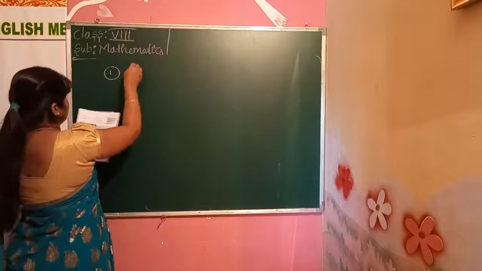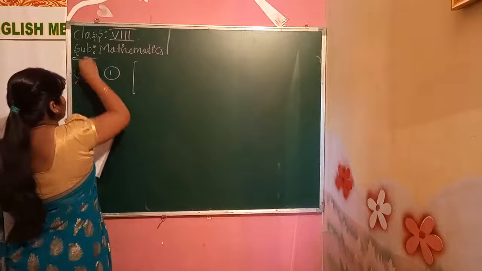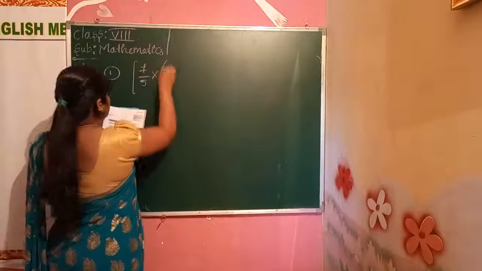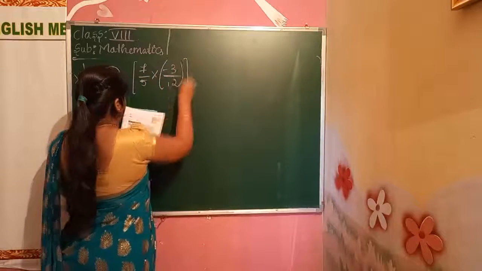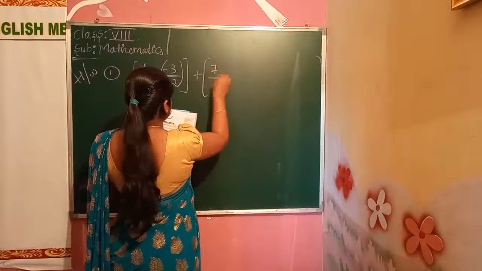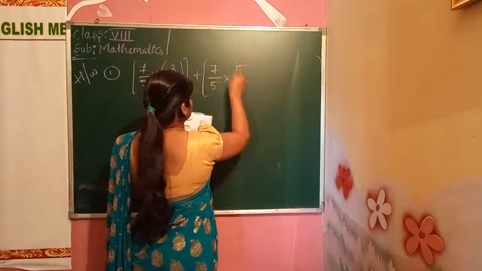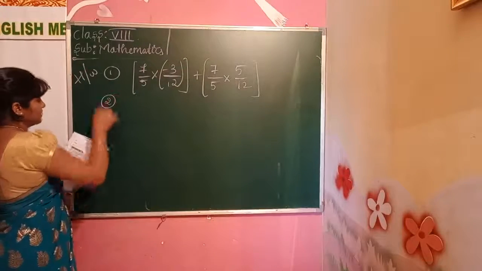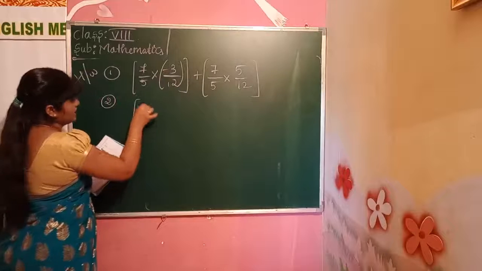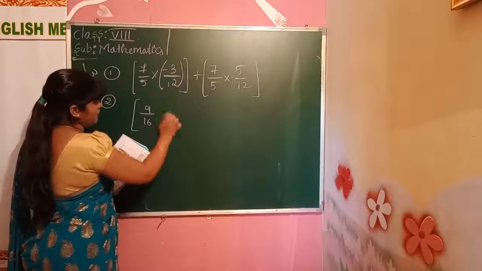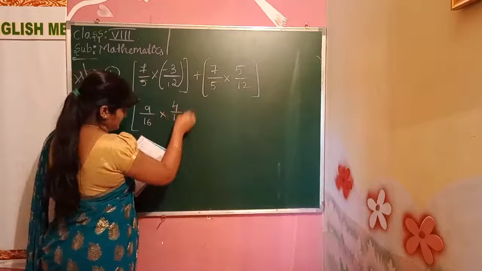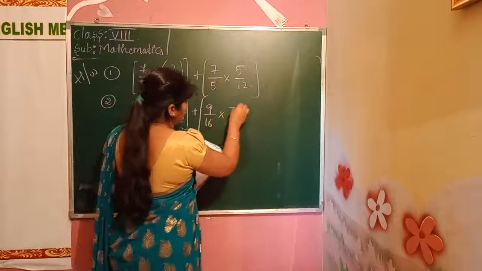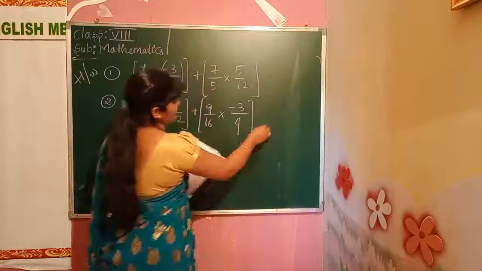First problem: 7 by 5 into minus 3 by 12 plus 7 by 5 into 5 by 12. The second one: 9 by 16 into 4 by 12 plus 9 by 16 into minus 3 by 12.